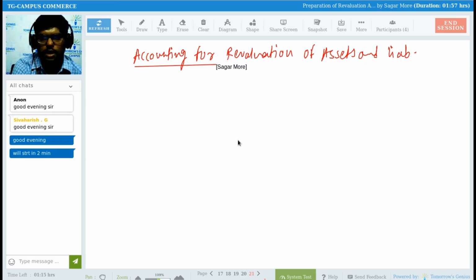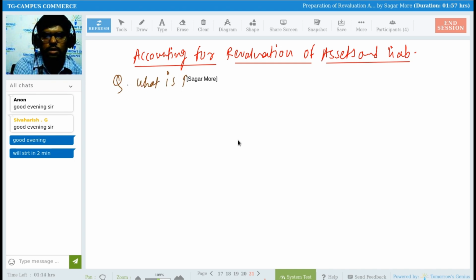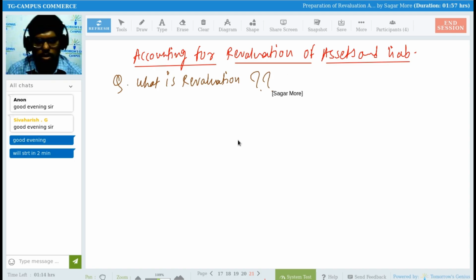Before understanding this accounting, what we have to understand first is what revaluation is. So my first question to you: what is the meaning of revaluation? What do you understand after reading this word?